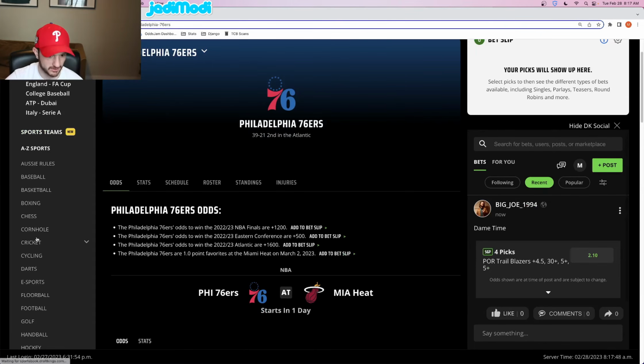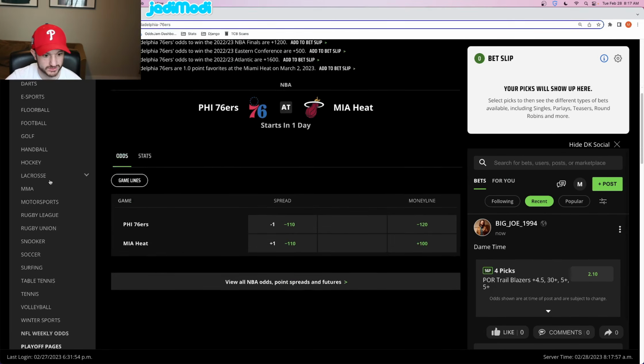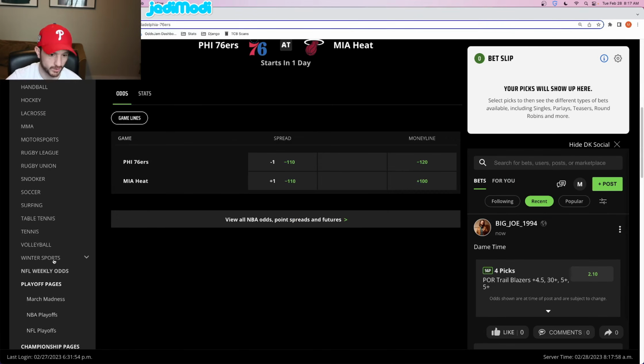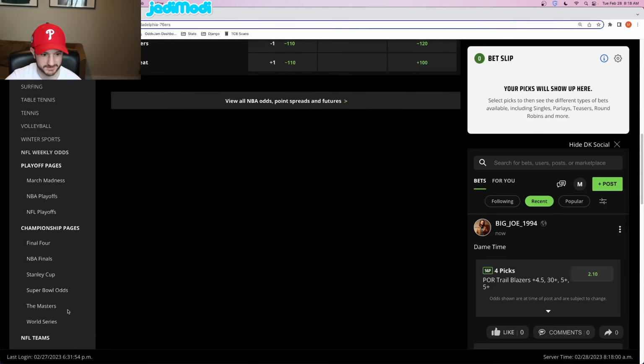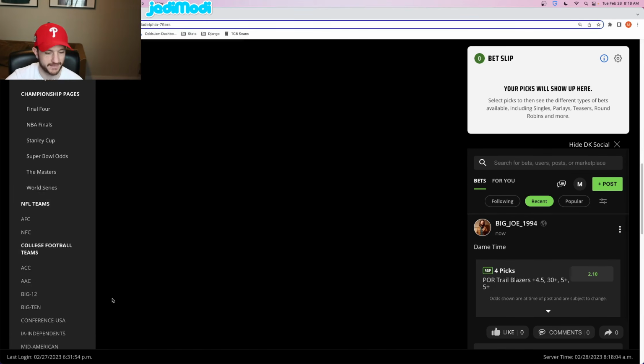And then right below that, if you want to look into a certain league, obviously one that might not show up on the popular tab, you can do that here. A to Z, Aussie rules, all the way down to winter sports, some playoff pages, some championship pages, some different teams in specific leagues at the bottom here as well.